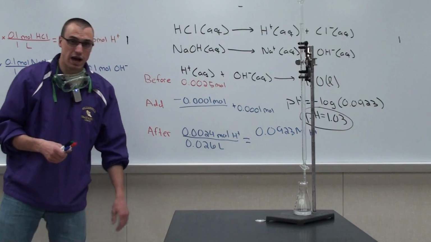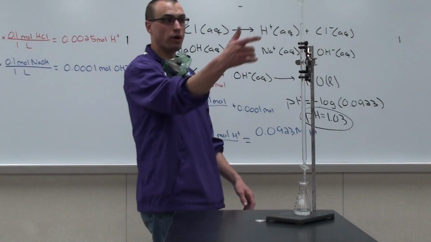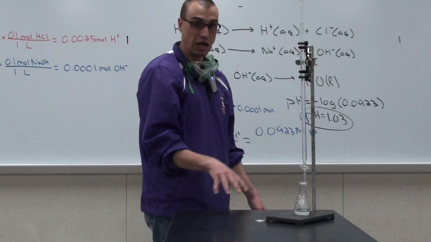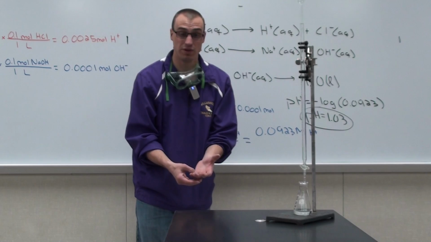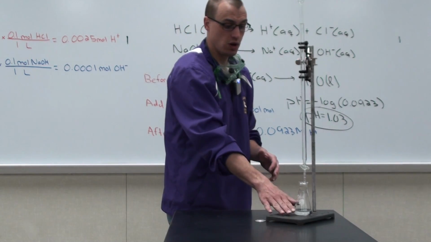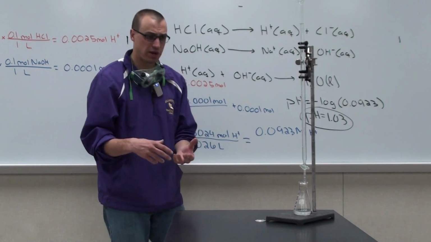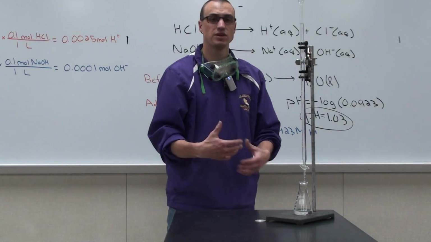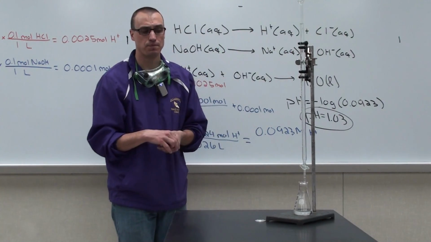What I'm going to do now is add an additional 23 milliliters of NaOH, so that would bring our total up to 24 milliliters of NaOH to the solution that we already have here. I'll stop occasionally and stir it, and as I stir it, you'll start to see some pink appear.